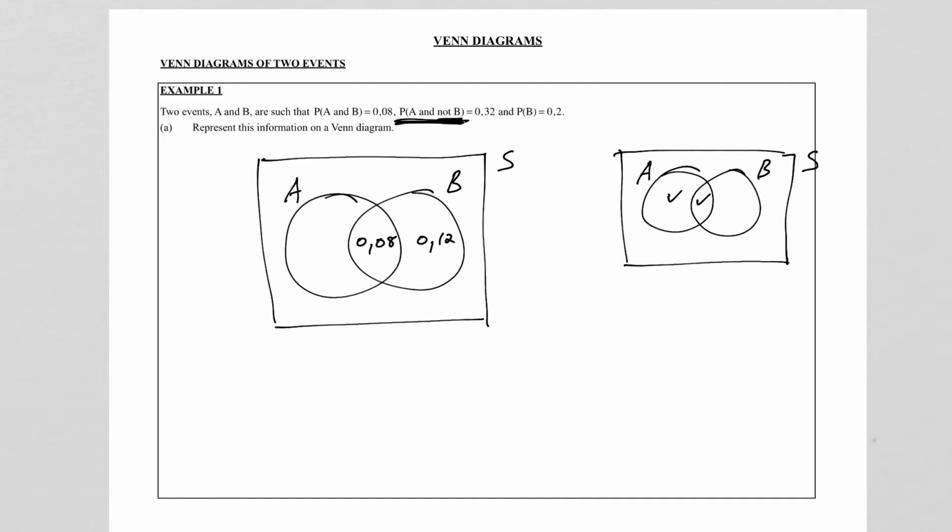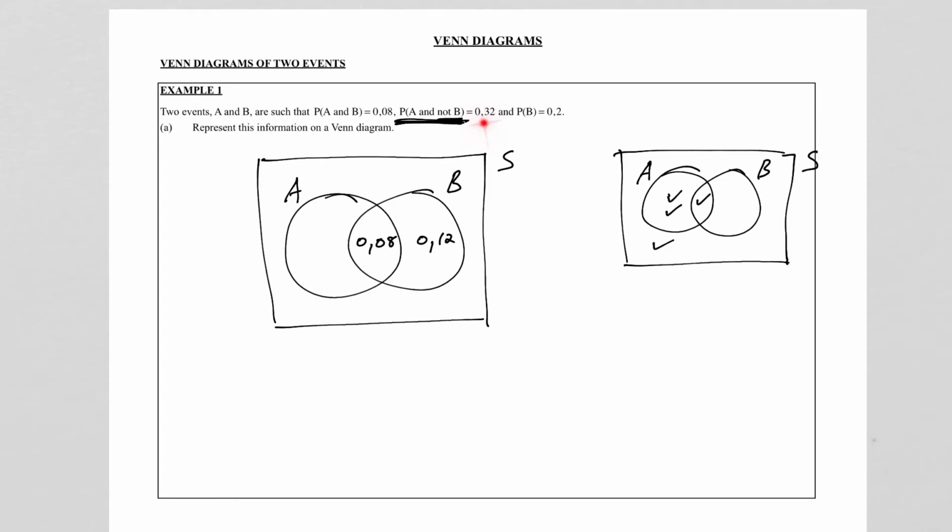So I'm going to use little ticks to indicate it. Now, as you can see, by using these little ticks, it's quite easy now to see between these two events, A and not B, those two events, that this will be the and part, because that is where the two ticks are. So that means that is the both part.